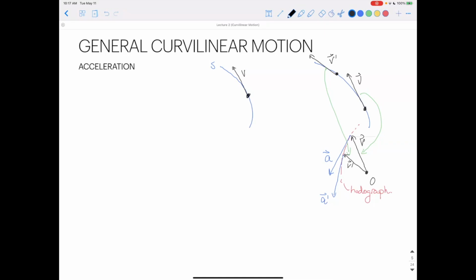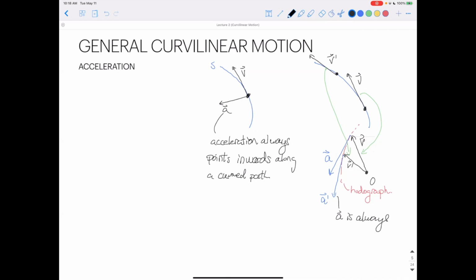So, for example, maybe it is here. And then we can also say acceleration is always tangent to the hodograph. So we've shown sort of what acceleration is graphically.